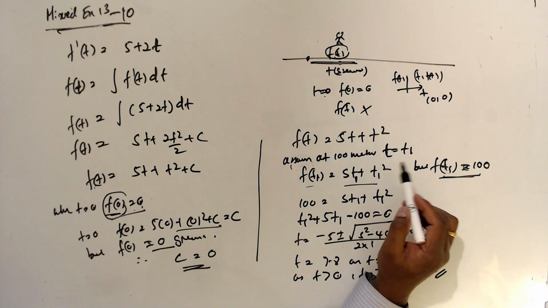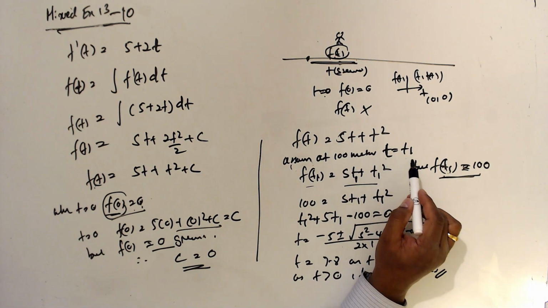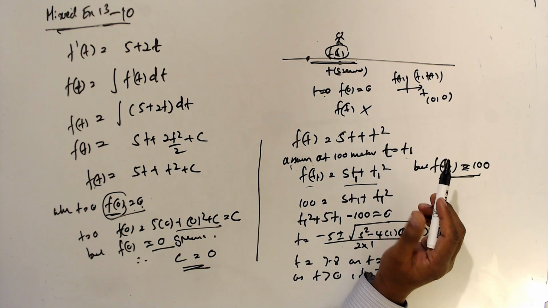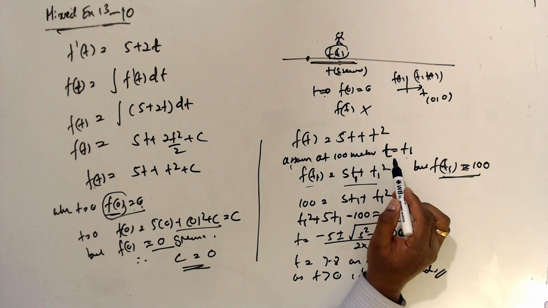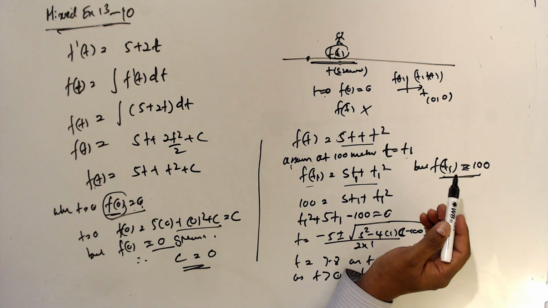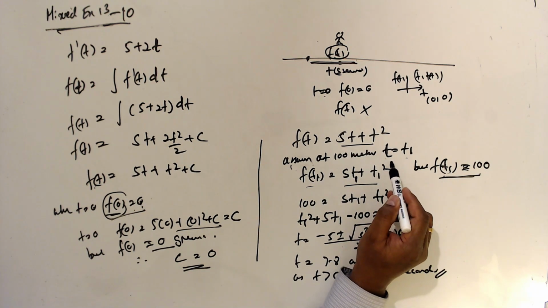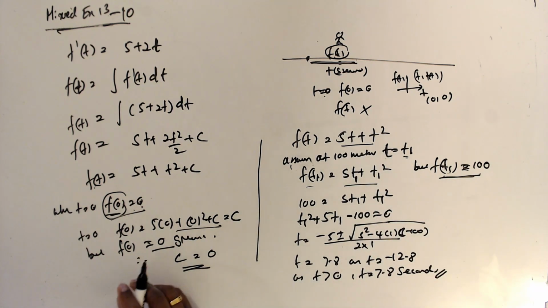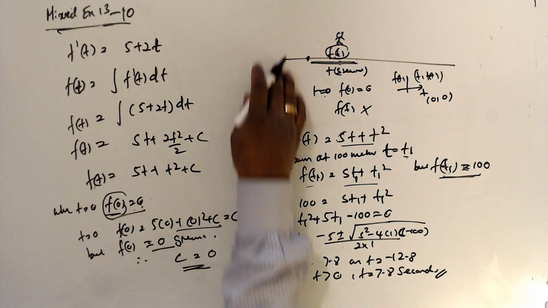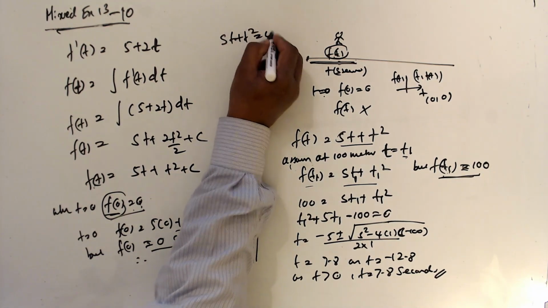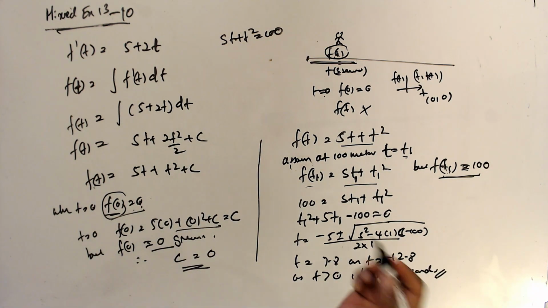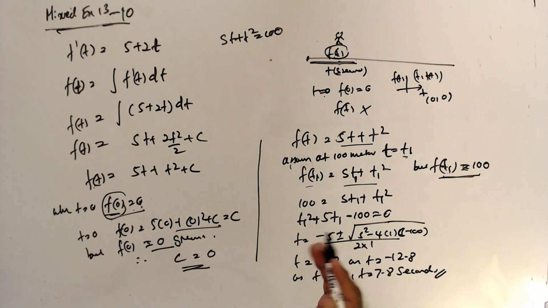Here I introduced t equals t1 because at 100 meters it is a special point. This t is a general t for any point. That's why I consider this point as t1. But sometimes in general you can simply write 5t plus t squared equals 100 without writing t1, but t1 is more sensible.